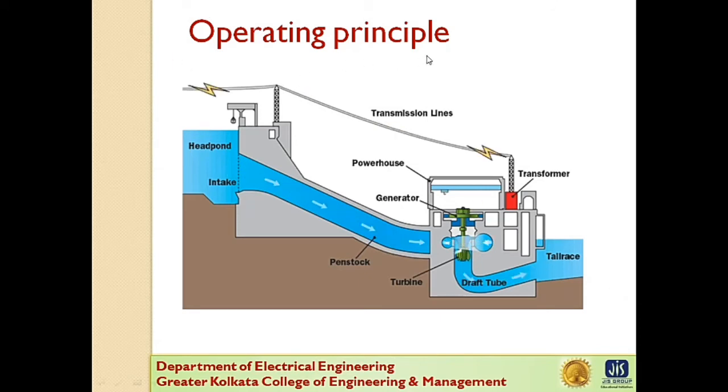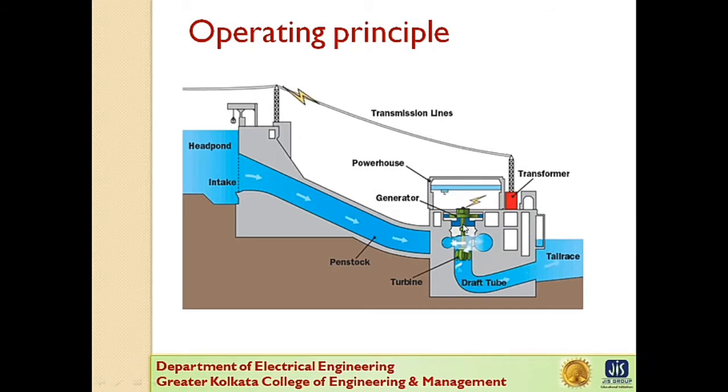Next one, operating principle of a hydroelectric power plant. Now, a hydroelectric power plant is built in hilly areas where a dam and a water reservoir are easily constructed. In a hydroelectric power station, water is stored by constructing a dam across the river, and the water from the dam is led to the turbine.